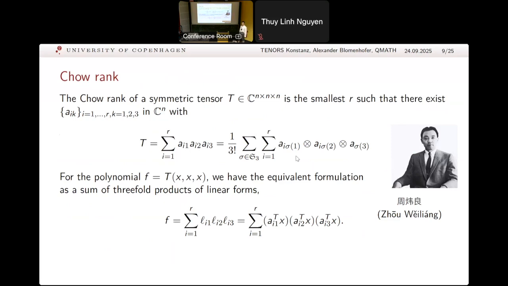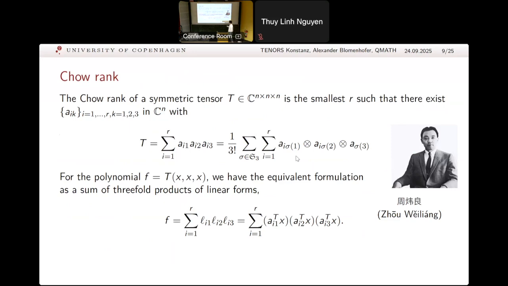If he were from Guangdong or somewhere in southern China, then maybe it would make sense to call him Chow, but I didn't find any evidence that he shouldn't be called Zhou. So for the rest of the talk, I will try to call this the Zhou rank, but please forgive me if I mess up because I'm so used to saying Chow rank by now. So this is really a talk of things that are a bit funnily named. We have Yenri's algorithm, we have the Zhou rank, and we will see what else is about to come.